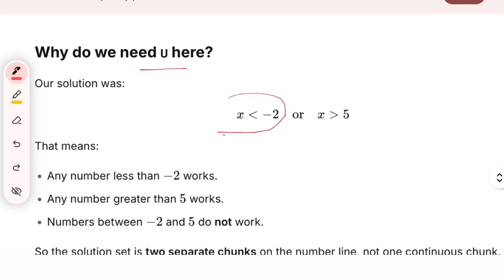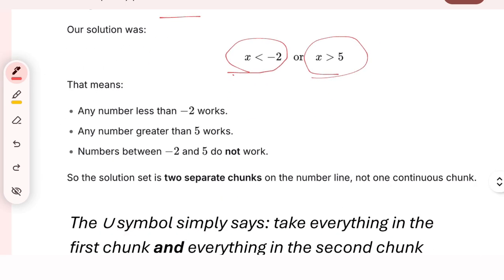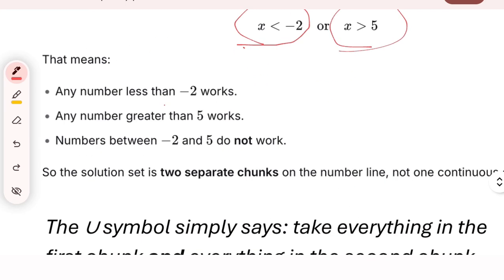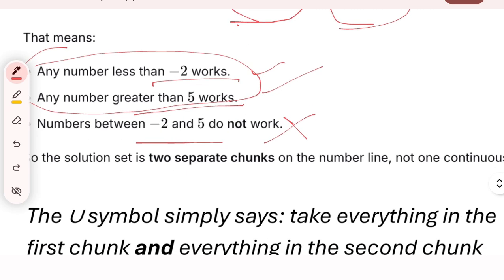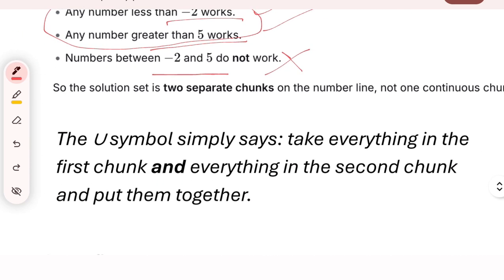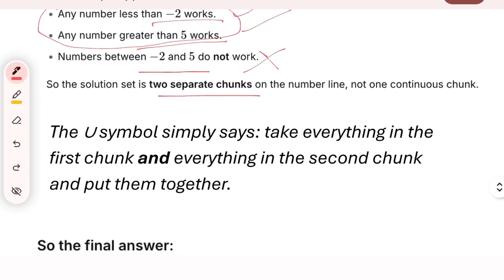Because that is really the solution, right? This is the solution from the first interval and the third interval. So it means that any number less than negative 2 works. Any number greater than 5 also works. But numbers between negative 2 and 5 will not work. So only in these 2 will the answers be correct. The solution is actually 2 separate chunks on the number line, not one continuous chunk.